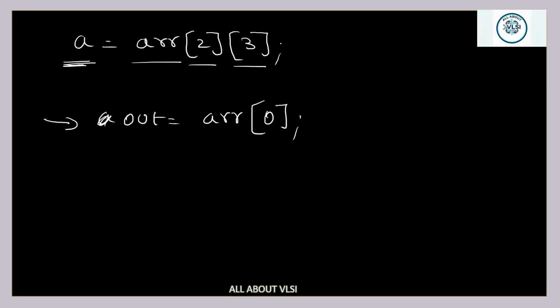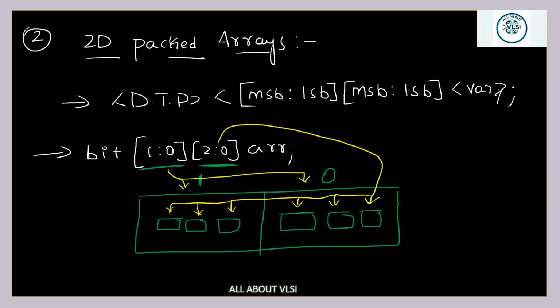So that was about your 2D packed arrays, which is simple. A 2D packed array has 2 dimensions, and the syntax is the data type, the 2 dimensions, and the variable name. The first dimension describes the sections we are going to have, and the next dimension describes the bits present in each section.